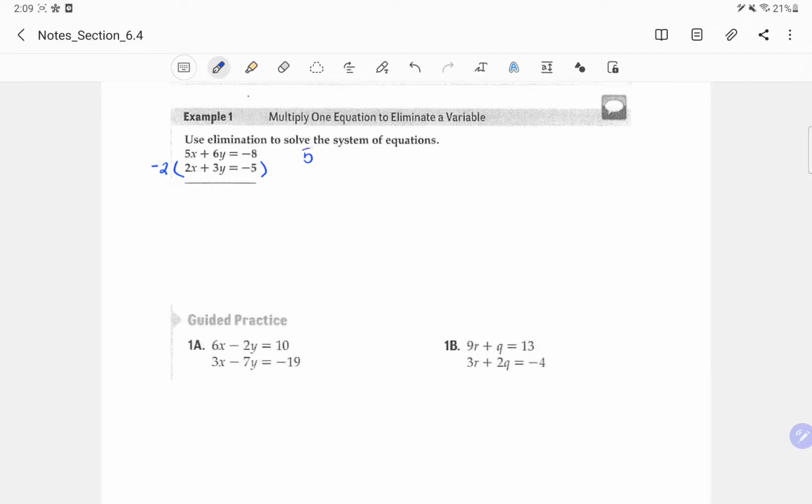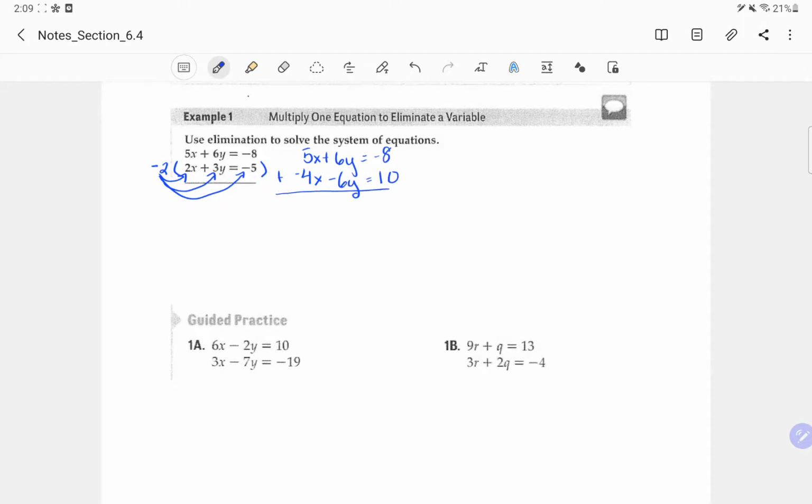So my first one I didn't mess with. And my second one, I'm just going to distribute my negative 2 to every term. So negative 2 times 2 would be negative 4x minus 6y equals positive 10.